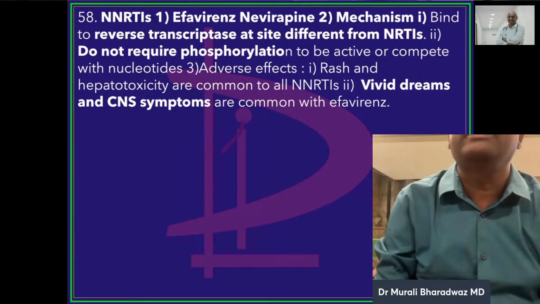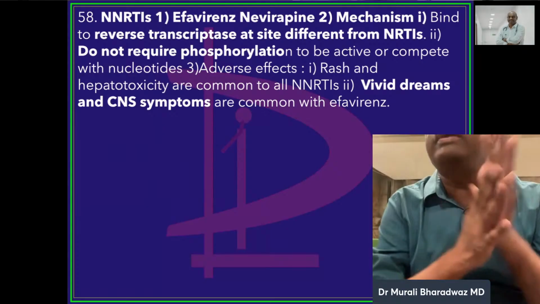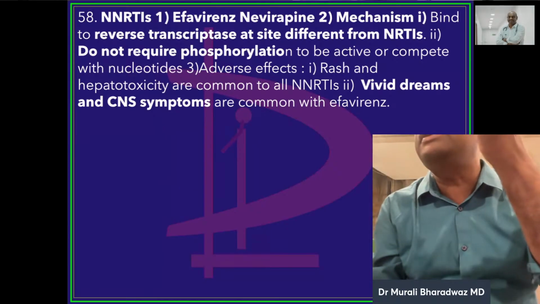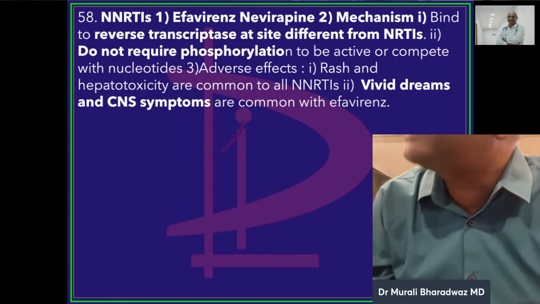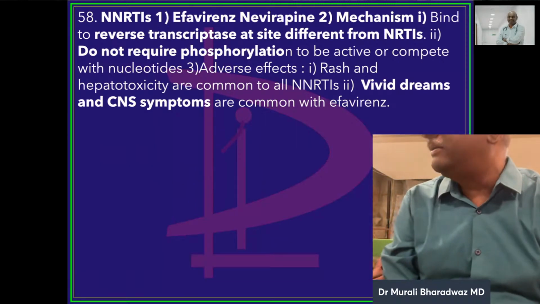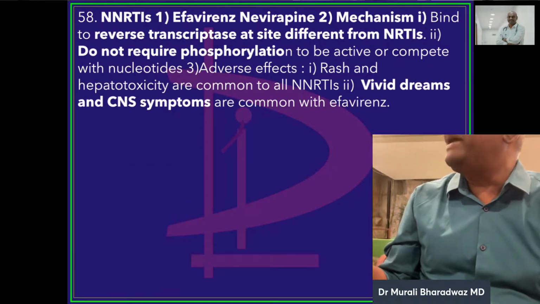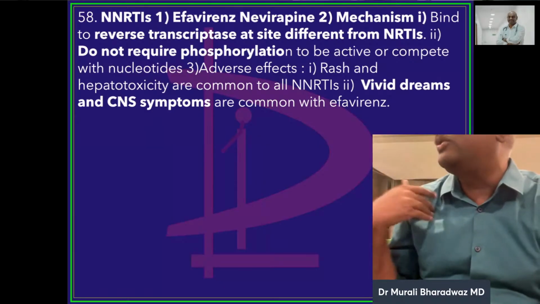No problem. So vivid dreams are common with efavirenz. These NNRTIs bind at a site where NRTIs don't bind, because they are not confusing the reverse transcriptase by saying that we also look like nucleotides.